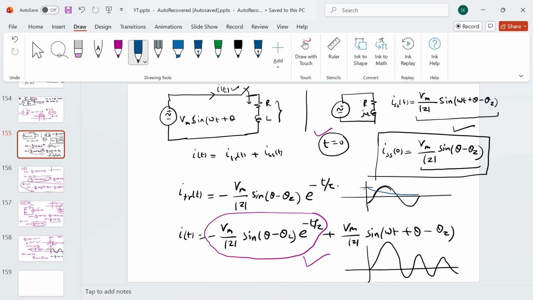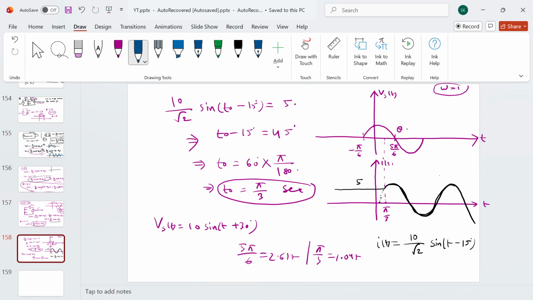These two components get added, and it will start from 0 and slowly settle down at steady state. In this question they asked that we don't want any kind of DC transient. So there will not be a DC component in this question. You can see there is no DC component. It is purely sinusoidal.